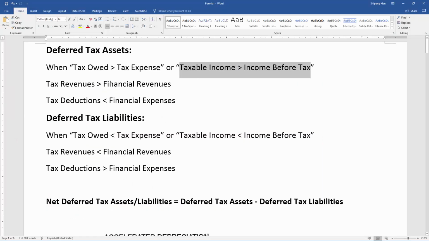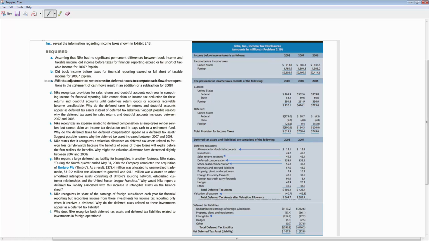Because you recognize the revenue deduction or the expenses early, we expect lower revenue or higher expense in financial reporting. So the income before tax is less than taxable income. We can conclude the company should recognize deferred tax assets, because of the description in D.